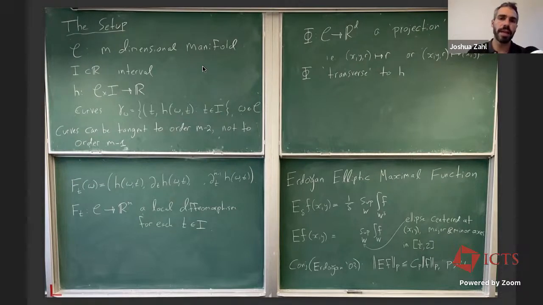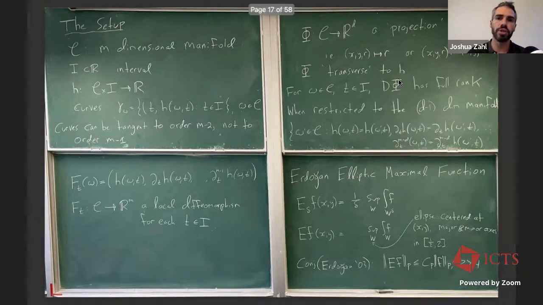And we're going to impose a slightly technical condition, which says that this projection is transverse to the function defining my curves. I won't go into too much detail about what that means, but it says that if you fix some curve omega in C and you fix some time t, then you can look at this projection function and its derivative, and you want that to have full rank when restricted to a certain submanifold of C. And what is the submanifold?